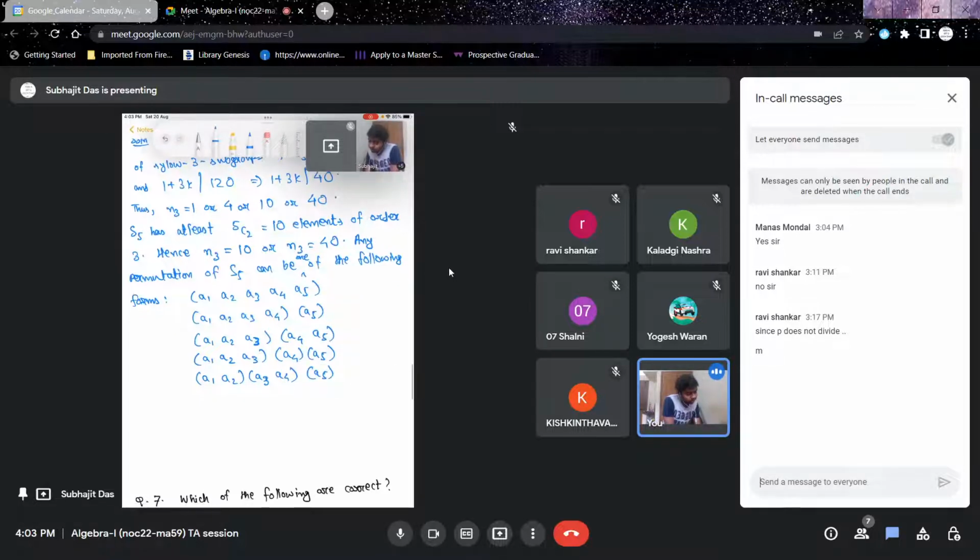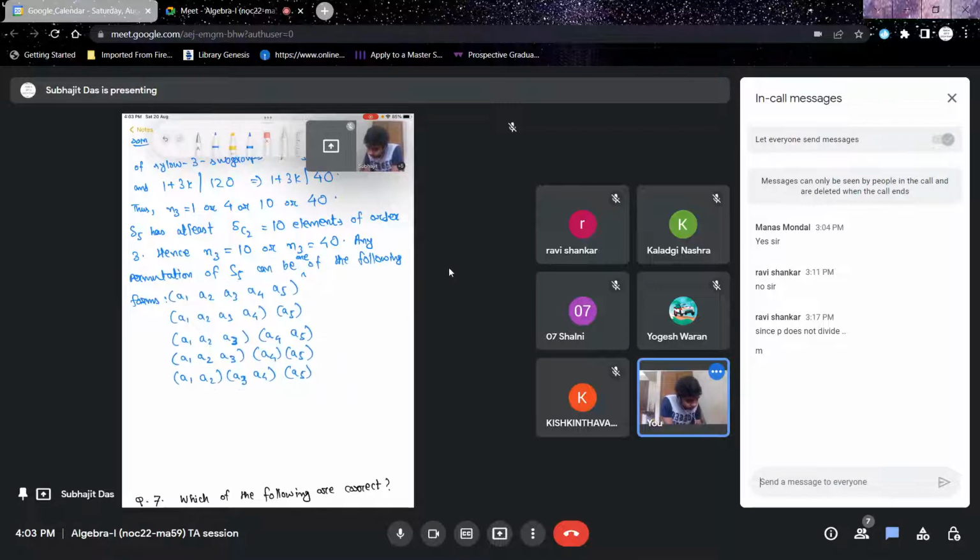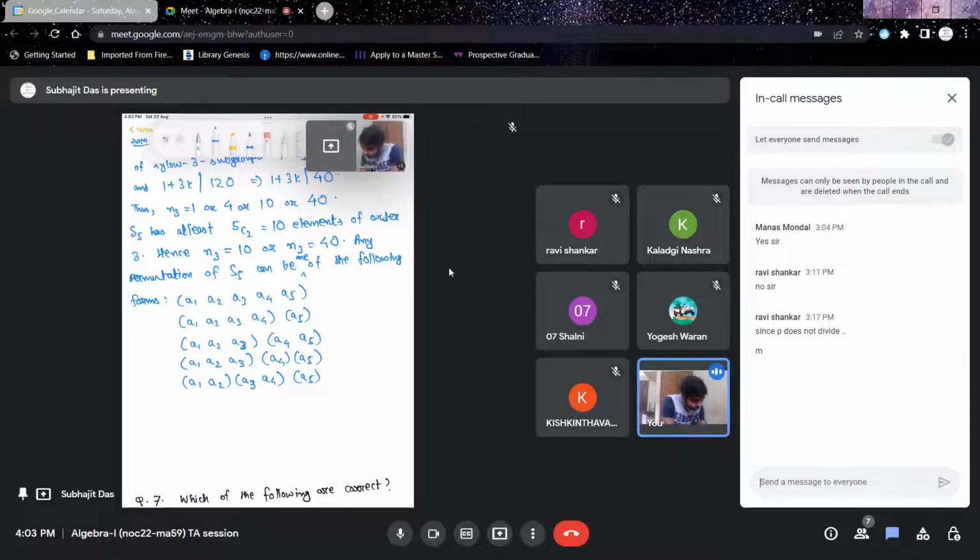Or it can be of this form: the identity permutation (a1)(a2)(a3)(a4)(a5).